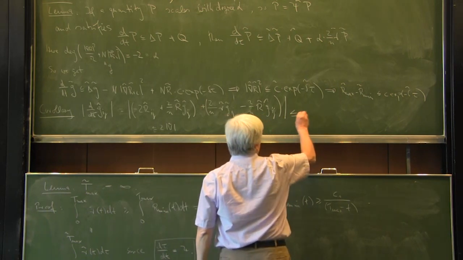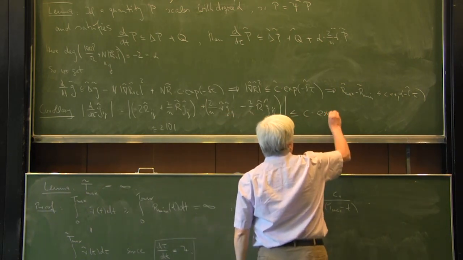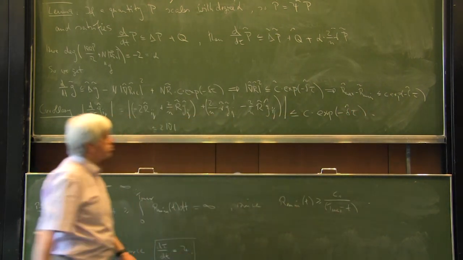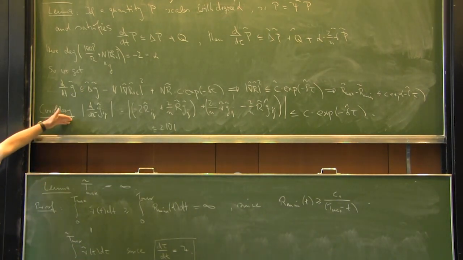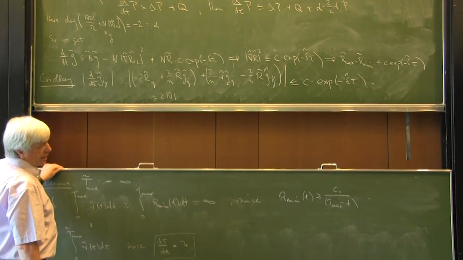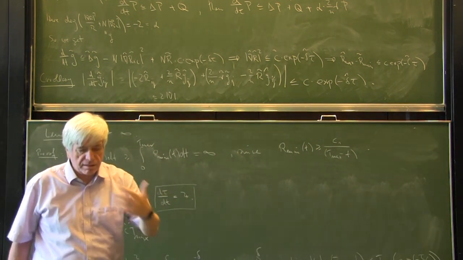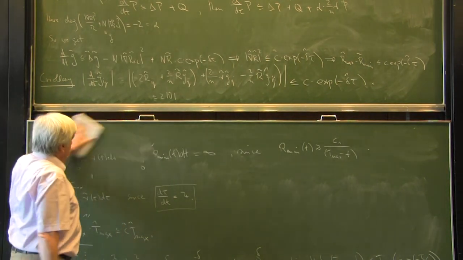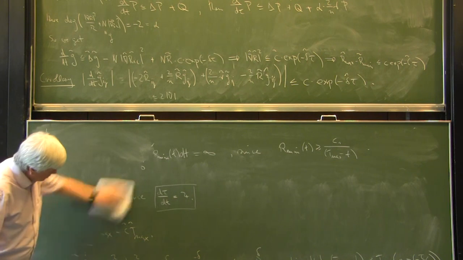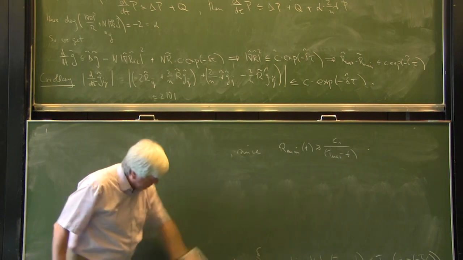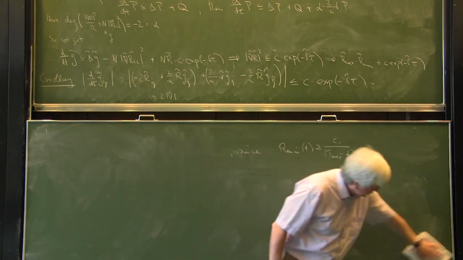So both terms decay exponentially with some rate. So we get that the time derivative of the metric decays exponentially. And now you proceed just like in the proof that we can extend the solution as long as the curvature is bounded, to prove inductively that all higher derivatives also decay exponentially.